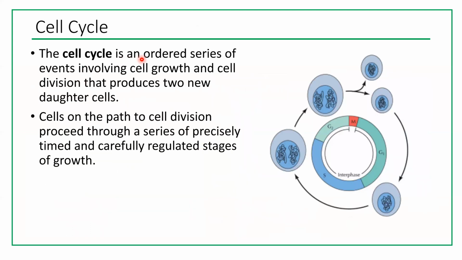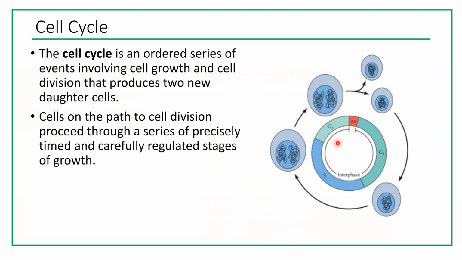The cell cycle is an ordered series of events involving cell growth and cell division that produces 2 new daughter cells. Cells on the path to cell division proceed through a series of precisely timed and carefully regulated stages of growth.